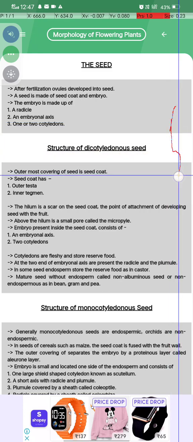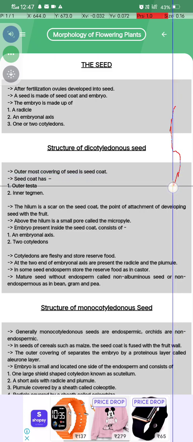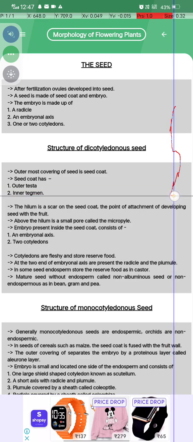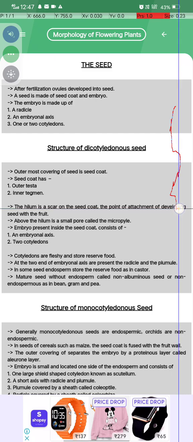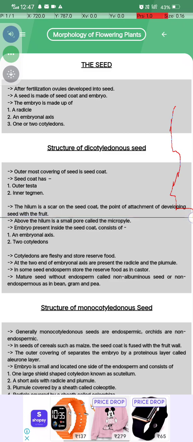Structure of a dicotyledon seed. The outermost covering of the seed is the seed coat, which has an outer testa and an inner tegmen. The hilum is a scar on the seed coat, the point of attachment of the developing seed with the fruit.